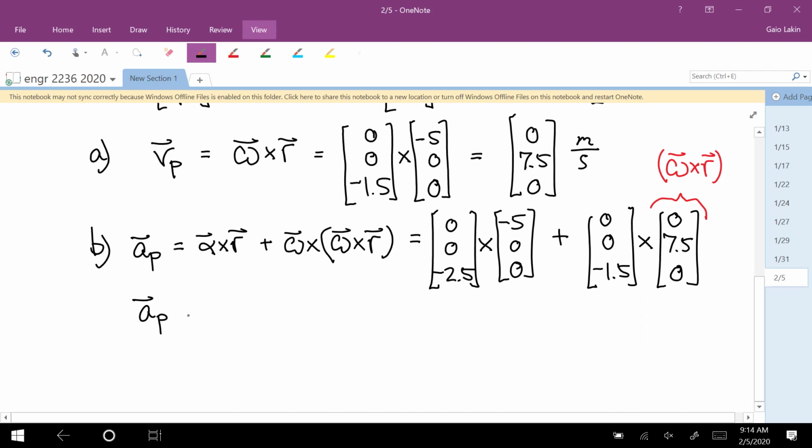And you get that the acceleration of P is 0, 12.50 plus 1.5 times 7.5, 11.25 positive in the x direction.